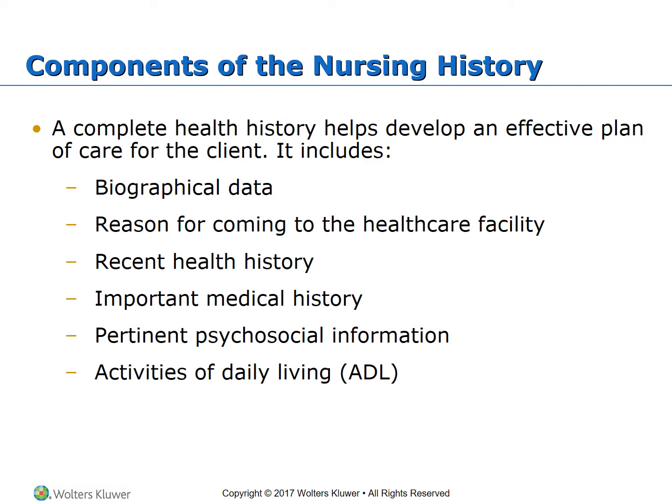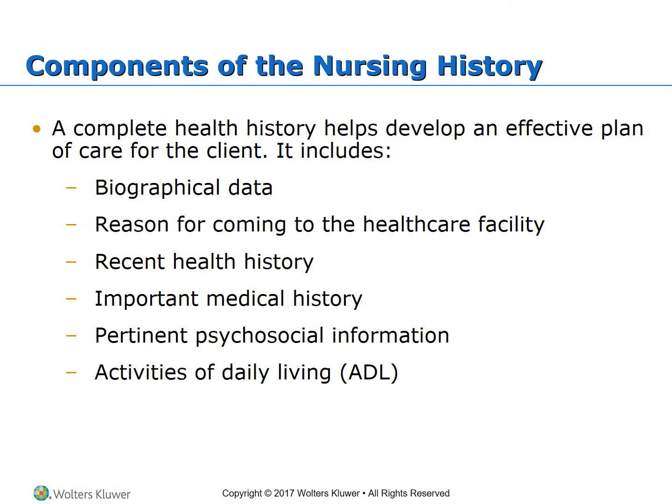It also includes recent health history. It includes symptoms of recent disease treated with medications or surgeries. Important medical history. It includes family history of diseases, allergies, immunizations, medications, etc. Pertinent psychosocial information.